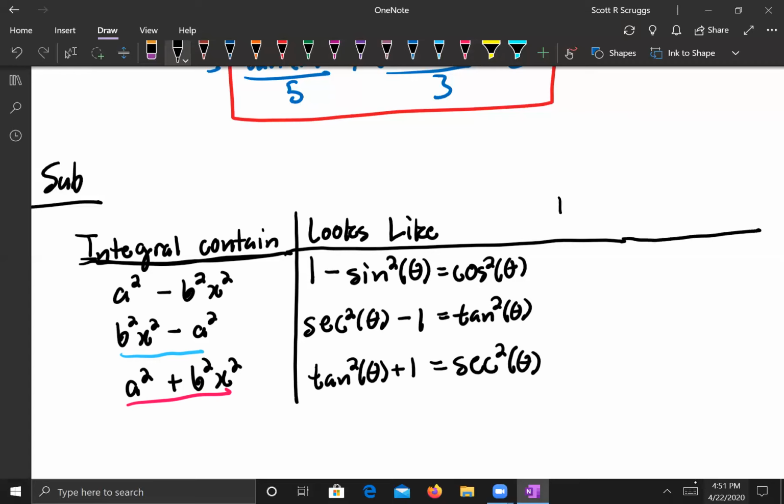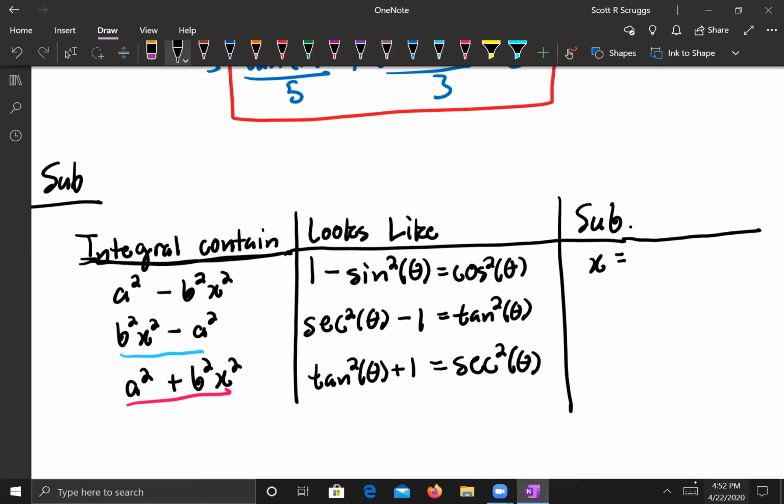And that's going to tell me what substitution I'm going to do based on that scenario. So for the first row, I want to do 1 minus sine squared of theta equals cosine squared. But for the first row, I have a constant of b squared being multiplied to x squared, and another a squared being added to and subtracted.